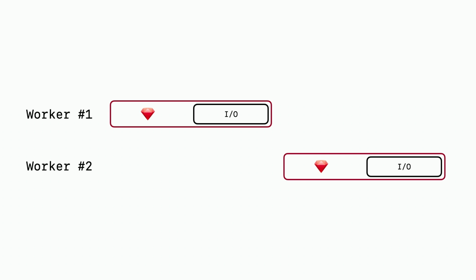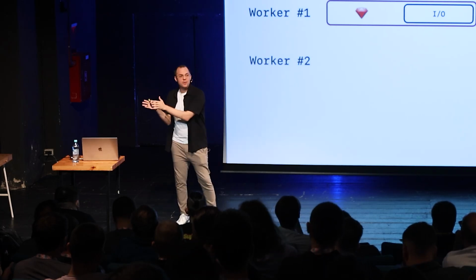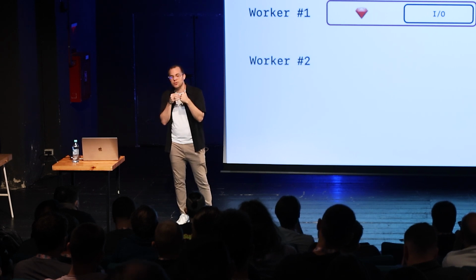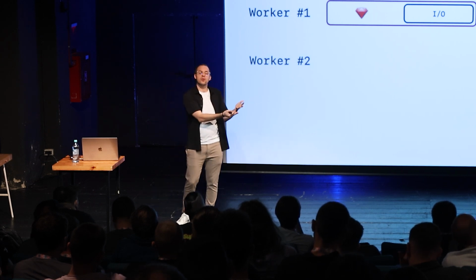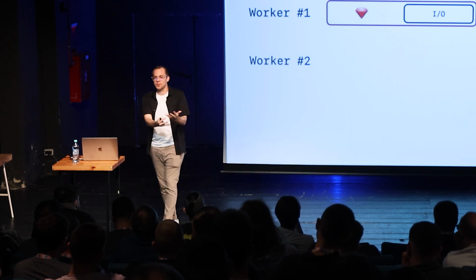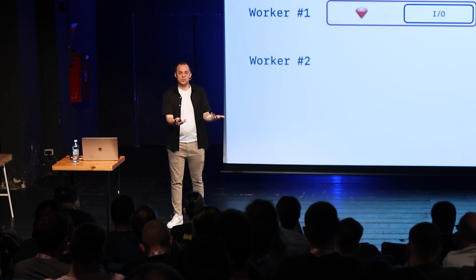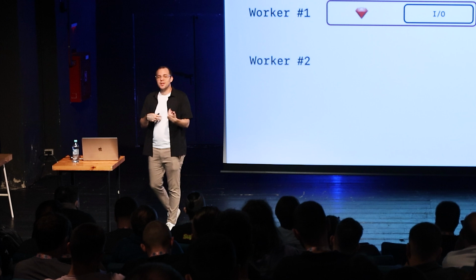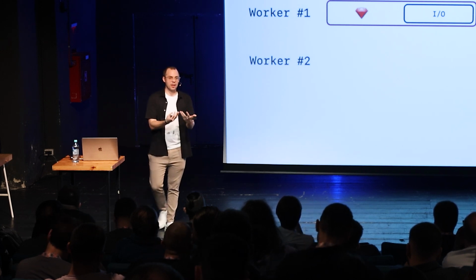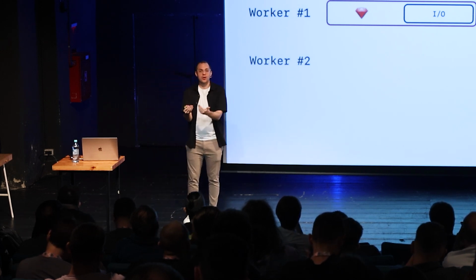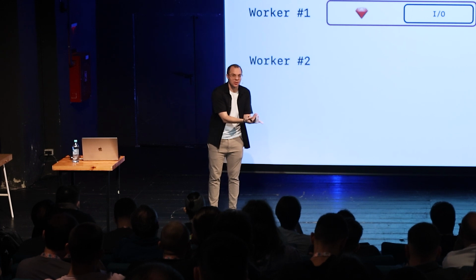non-Ruby I/O to happen, so that Ruby can pass the VM lock to another worker, and it can do Ruby execution while the computer is doing non-Ruby execution elsewhere. But SQLite's I/O is embedded into the Ruby process. And so Ruby does not naturally have awareness of the fact that actually no Ruby code is executing, SQLite C code is executing.